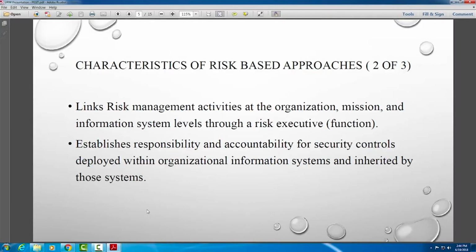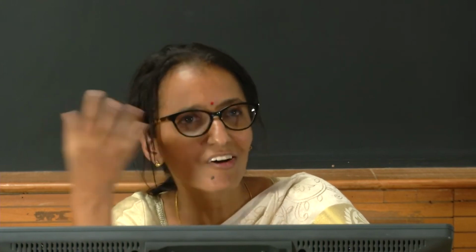So mainly, in any risk framework, there will be a common risk executive function, which is the main group. Based on that, you link all these risk management activities to an organization. And then, as I told you, the key thing is confidentiality, integrity, availability, and I can also say accountability.